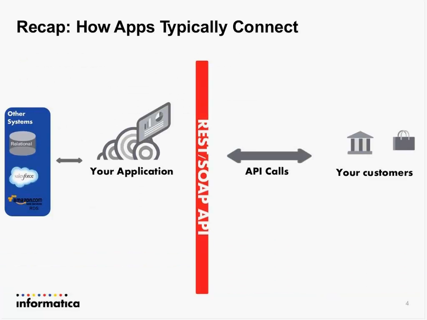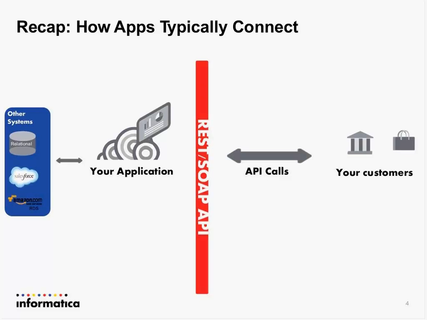So let's have a quick recap over how applications typically connect. You have your application, which needs to connect with all sorts of backend databases, other cloud applications, and so forth.